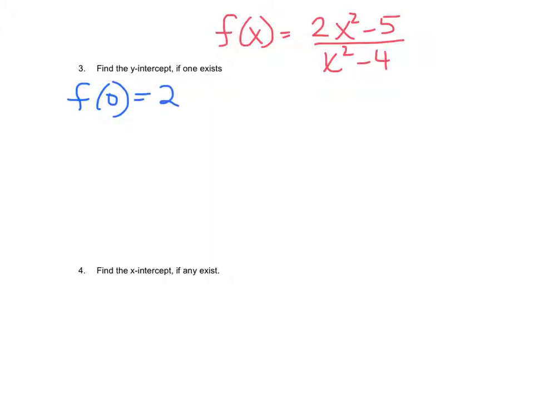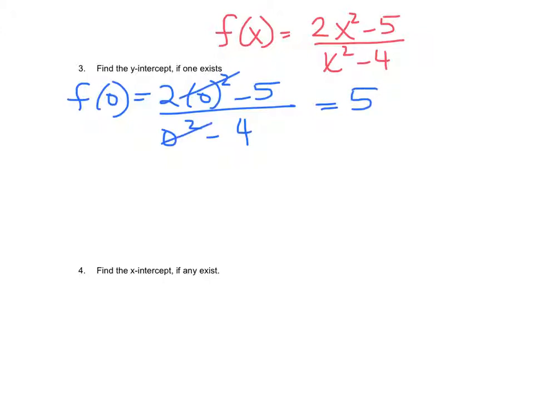So 2 times 0 squared minus 5, over 0 squared minus 4. This drops out, and that drops out, but I get a positive 5/4 from that. So my y-intercept is the ordered pair 0, 5/4. So there's 1 point on my graph.